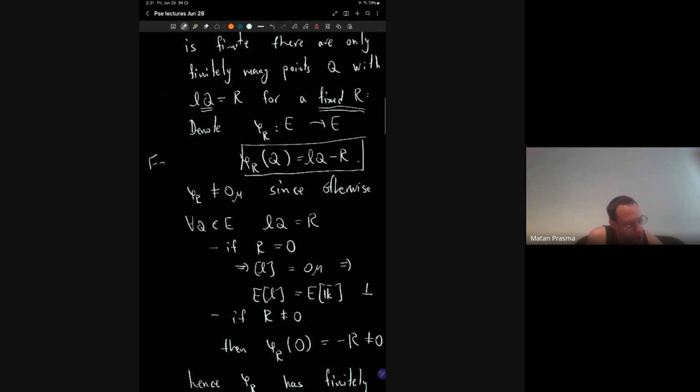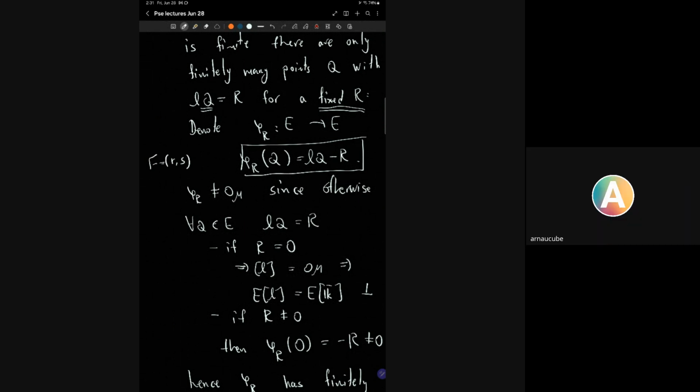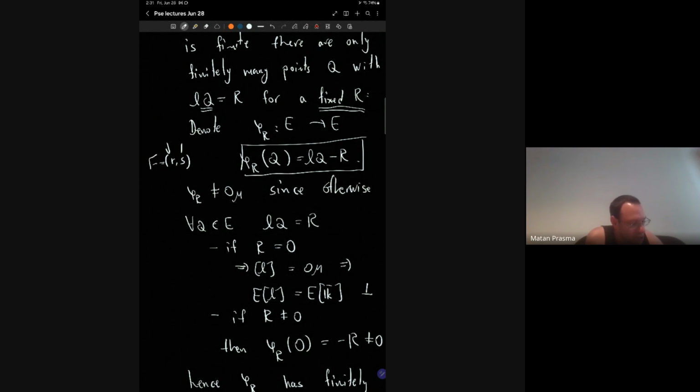A rational map is just a pair of rational functions, with a condition that implies that R of P is infinity if and only if S of P is infinity.